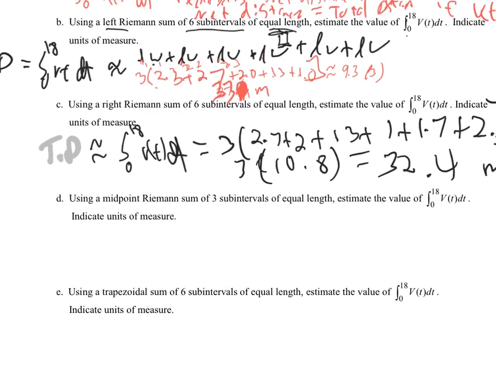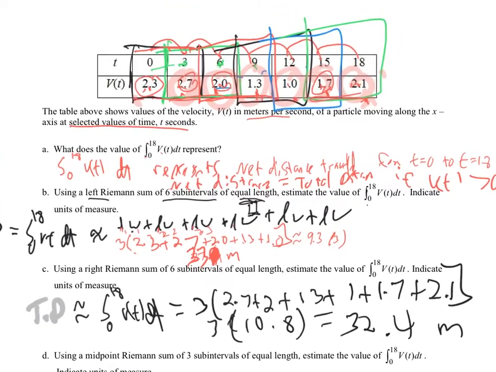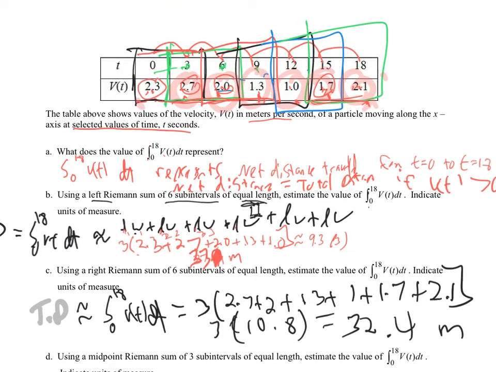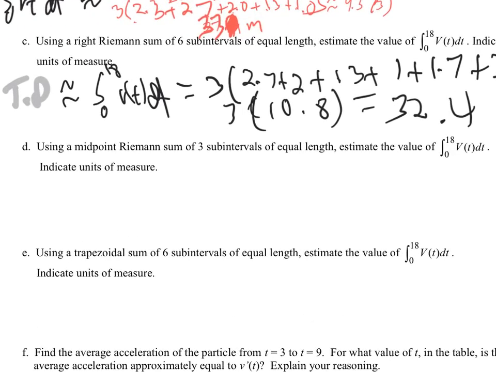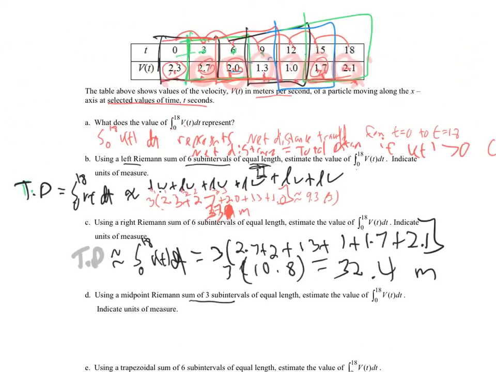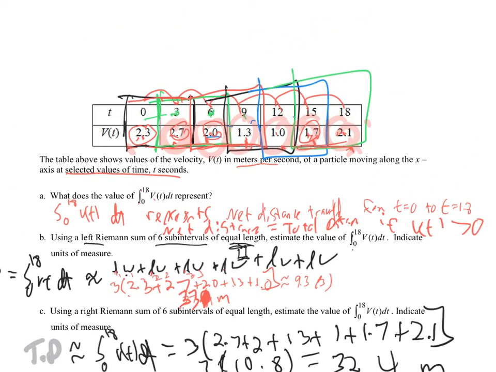Use the midpoints. All right, midpoints. Oh wait, he didn't say the same 6. He said only 3. So if I'm only using 3, then this would be a rectangle. That's 1. This would be a rectangle.